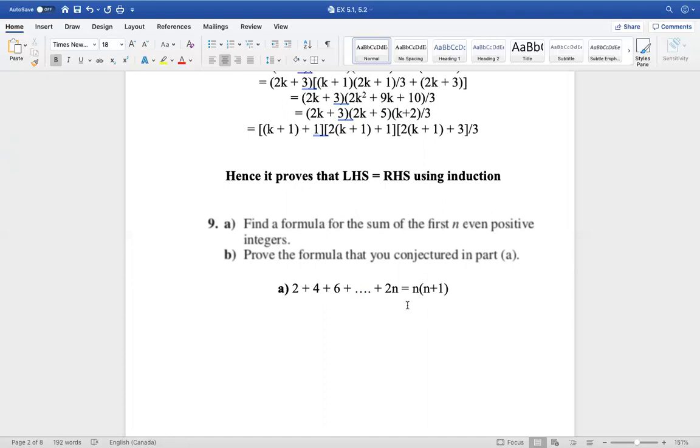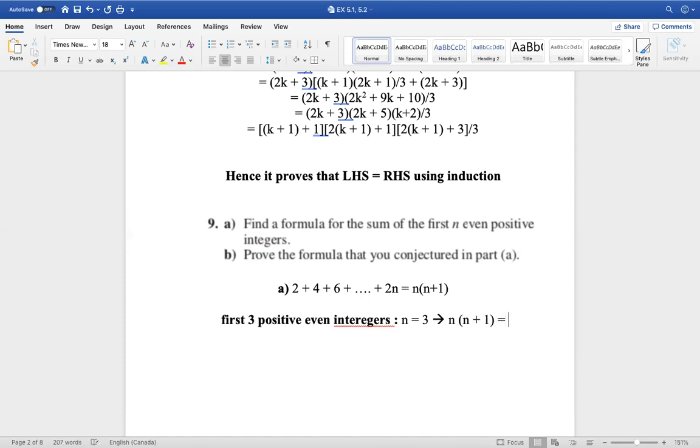So if I want to find the sum of the first, let's say, 3 positive even integers using that formula, here our n will be 3. So n equals 3, right? And then we just put this in our equation, n into n plus 1, which we just found out.